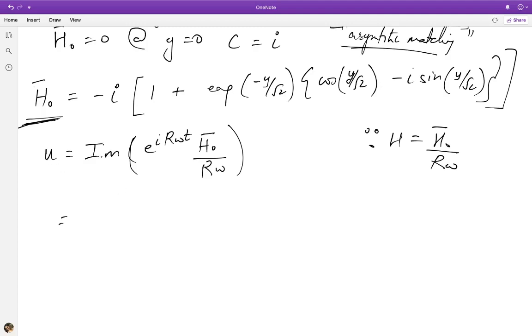Now I can write that U is the imaginary part of e to the power I RW t, H naught bar by RW. If I now extract out the imaginary part, starting with the constant contribution, I'll have a 1 by RW factor coming out.